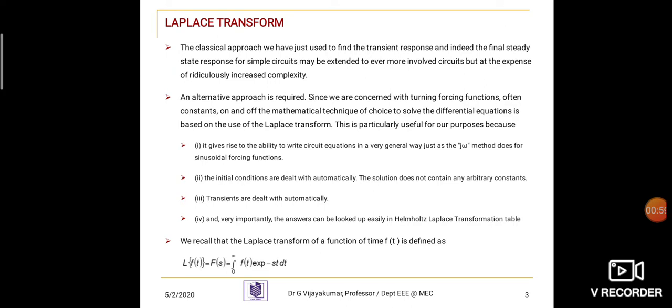The Laplace transformation. In the classical approach we just used to find the transient response and the final steady state response. For a simple circuit this may be extended to more involved circuits, but at the expense of ridiculously increased complexity.